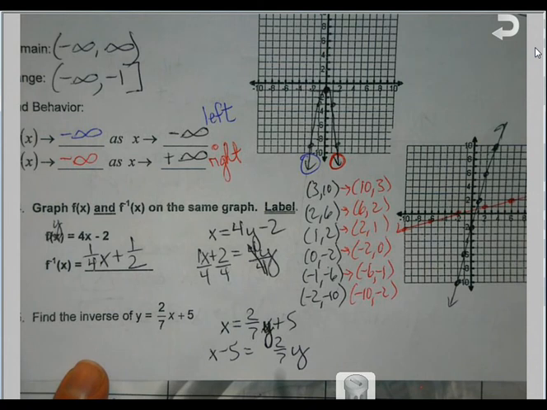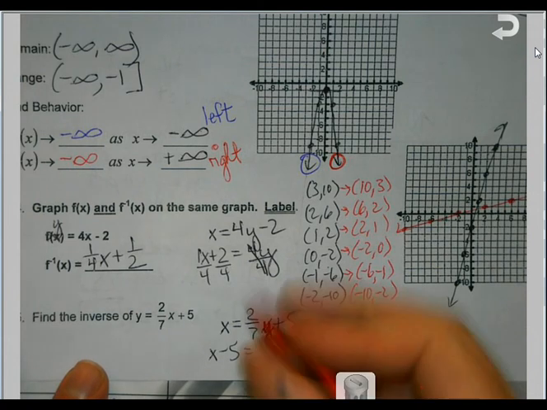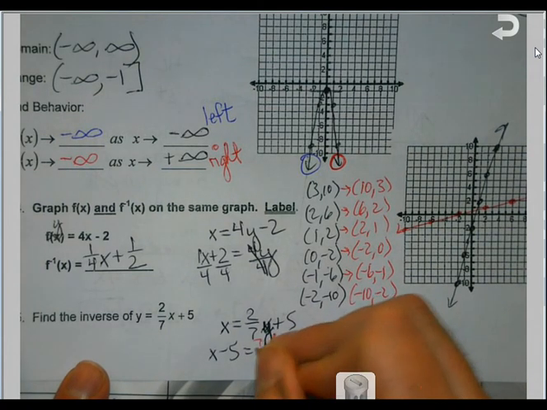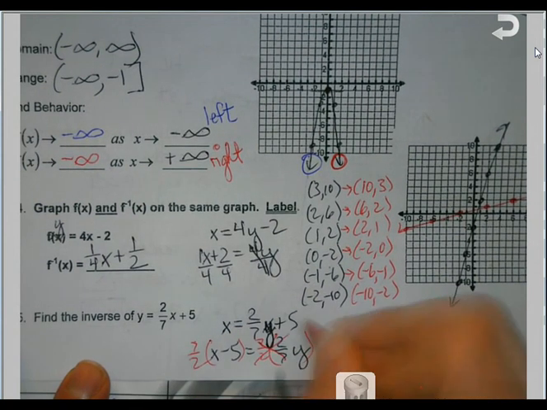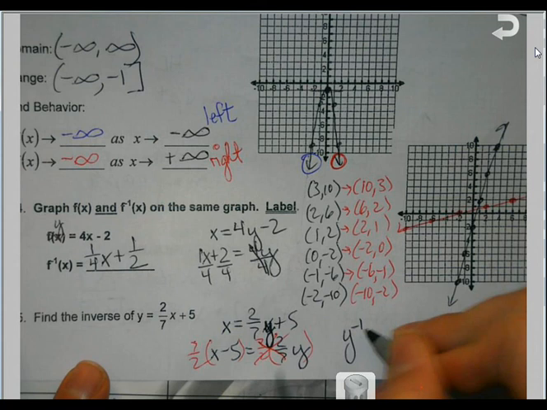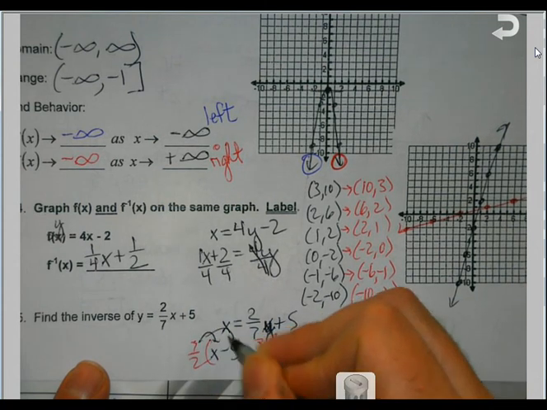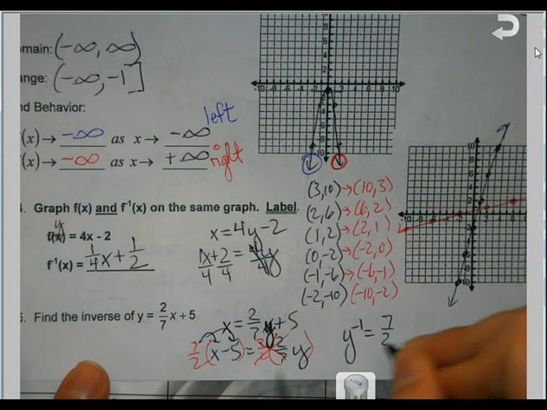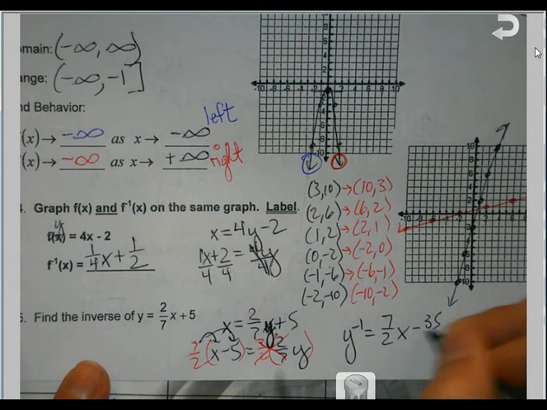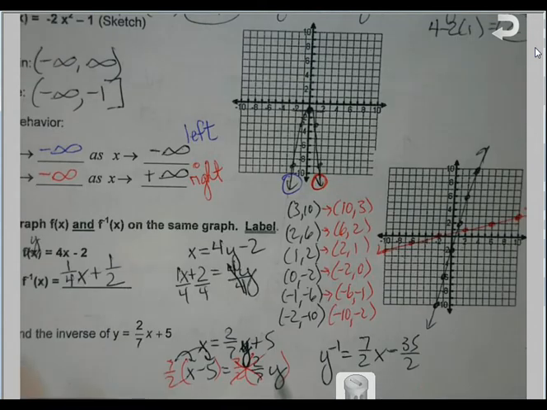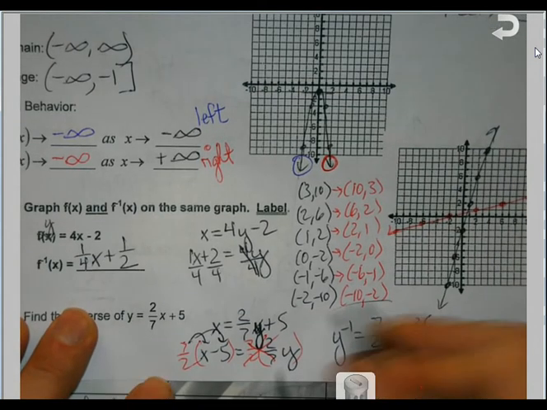If you wanted to multiply by 7 and then divide by 2, you could. But I'm more of a fan of using my reciprocal. And then distributing it through. 7/2 x minus 35/2, because we don't use decimals when we're getting ready to try and graph a line.